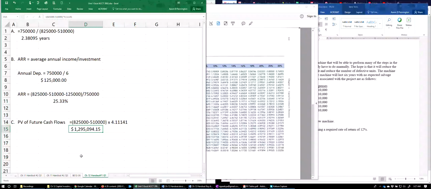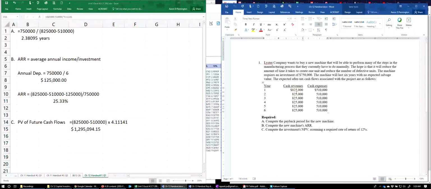That's the present value of 6 $315,000 cash flows, net cash flows, each received at 1 year intervals. All right, and then we want to back out the opposite cash flow, the initial investment. All right.